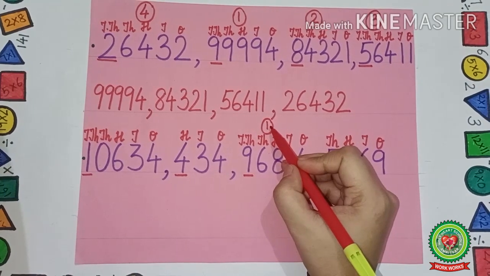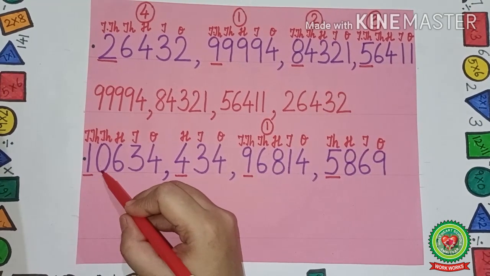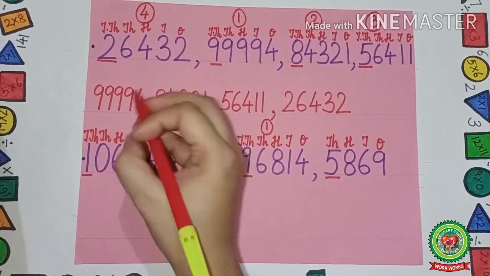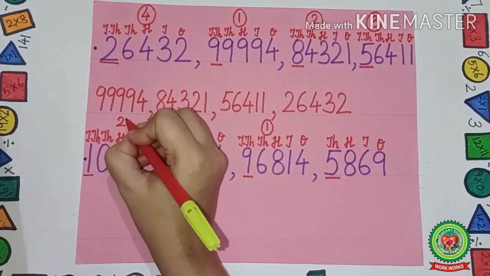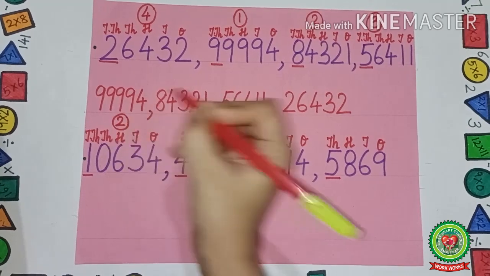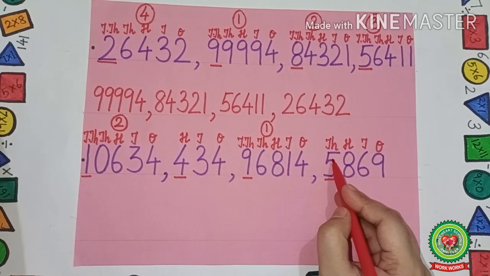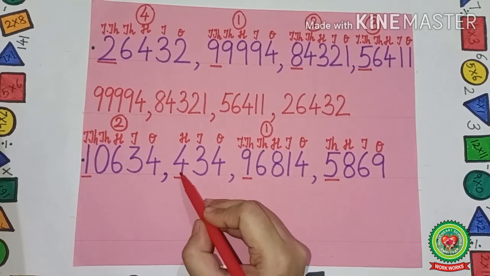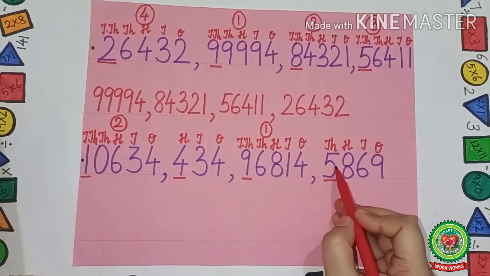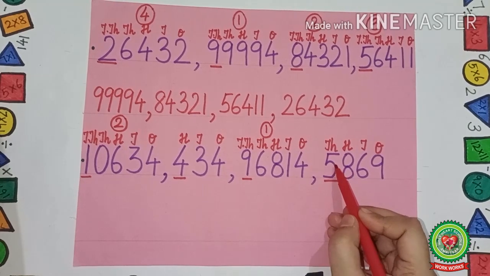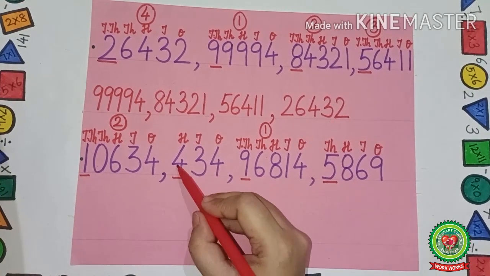Now see, next is this one. This is going till 10,000s. So this will come in the second position in the descending order. So we will write over here 2. Now let us see between these two. Now 5 and 4. Now in the digit wise also, 5 is the biggest number between 4 and 5.